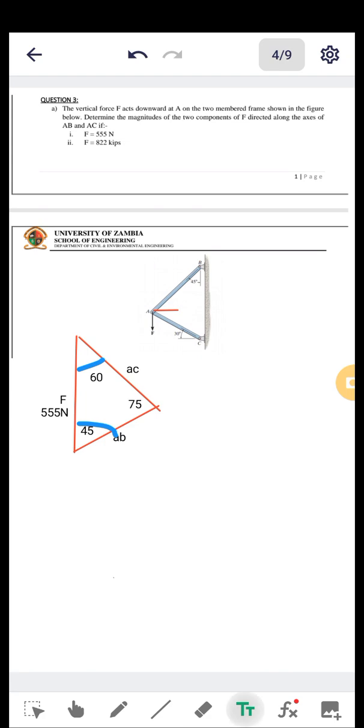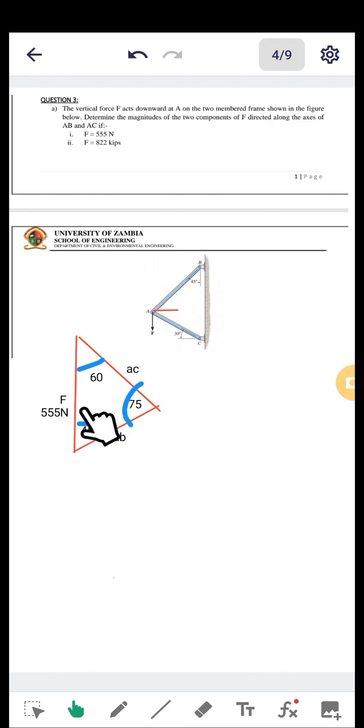Now we can go to the application. How do we go to the application? As you can see, you have an angle on the opposite side. Which of the trigonometric laws are we going to use?